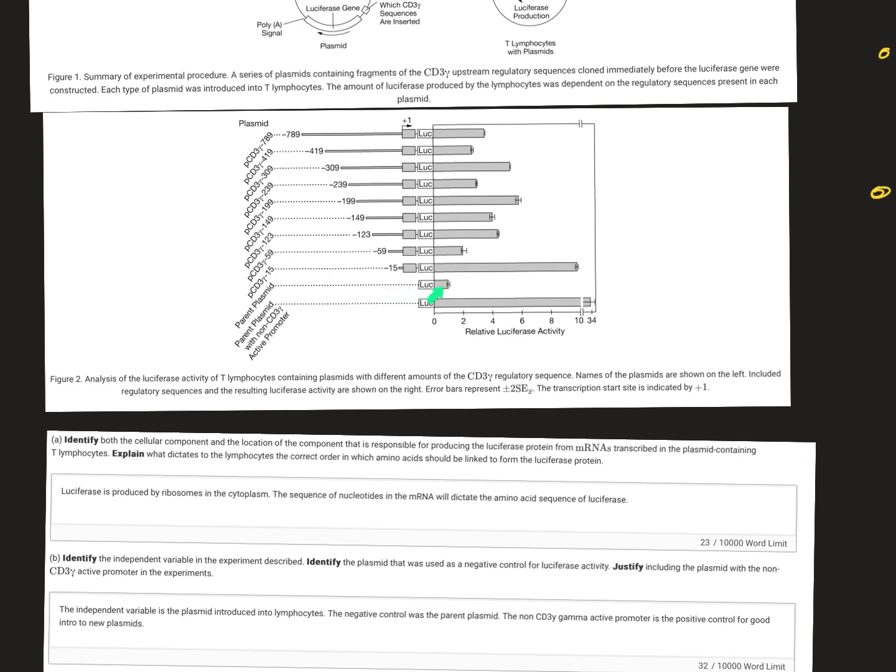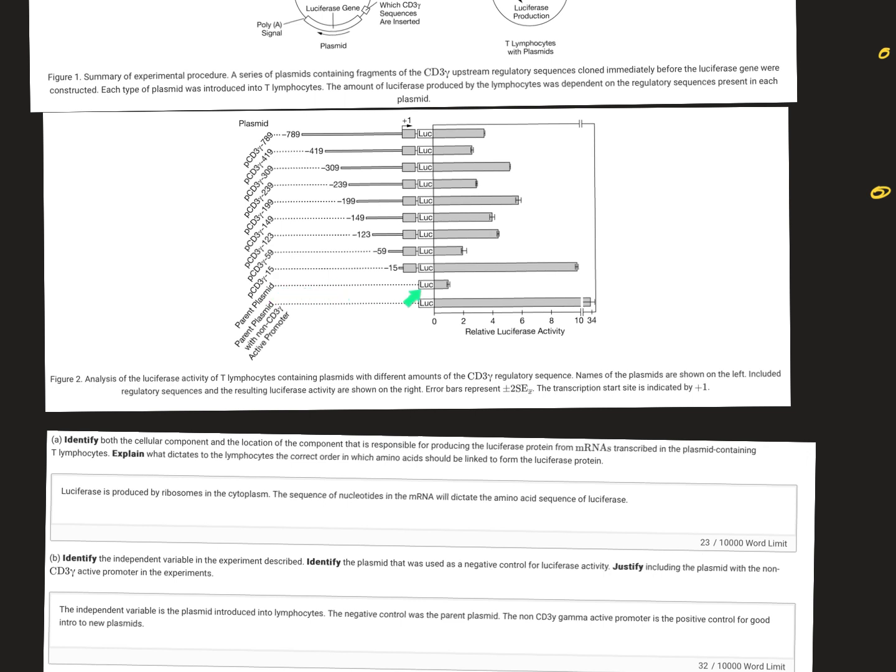You get only a little bit of light. Here's a parent plasmid with non-CD3 active promoter. So this is a promoter region, and the parent plasmid with an active promoter and the luciferase enzyme making a lot of light, right?